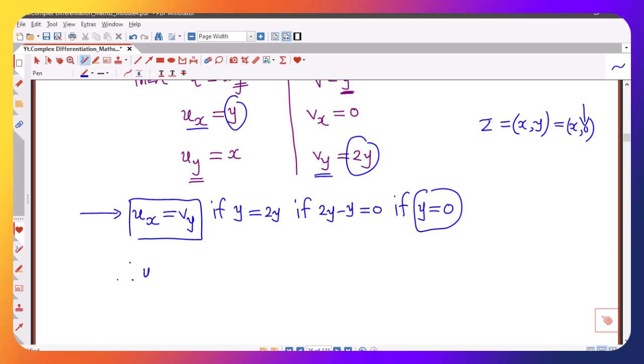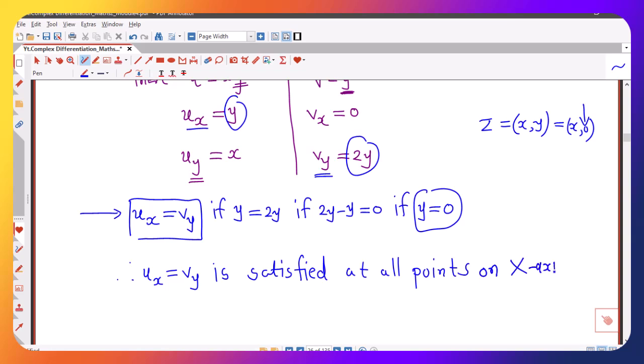Therefore we will write that ux equal to vy is satisfied at all points on the x-axis, or the equation of the x-axis is y equal to 0.